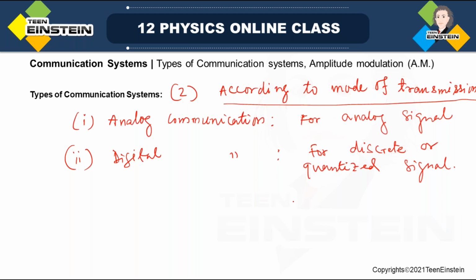Now, that was according to mode of transmission, digital and analog.